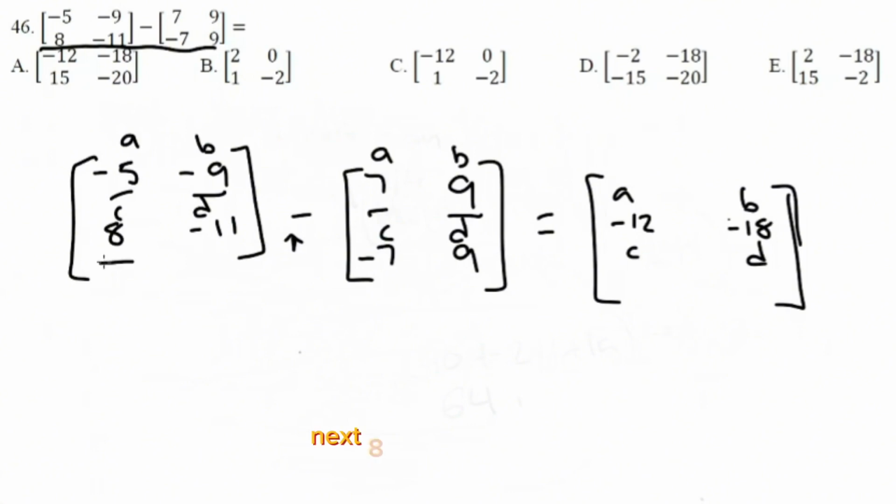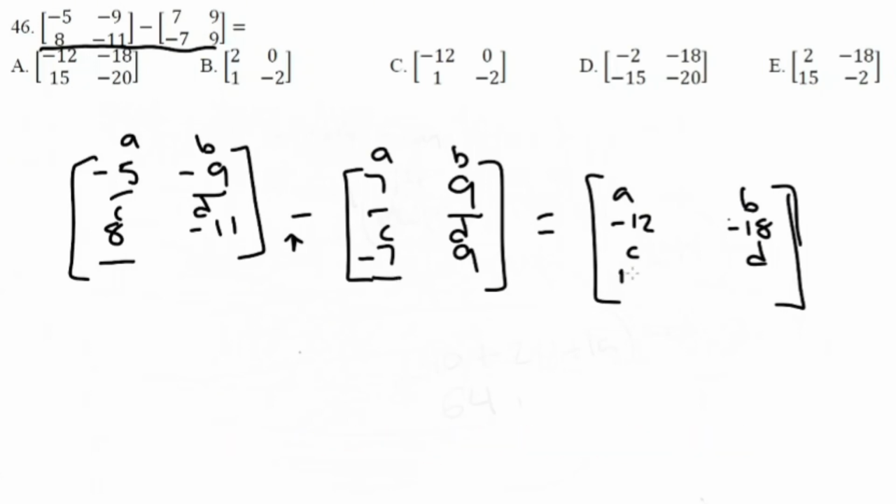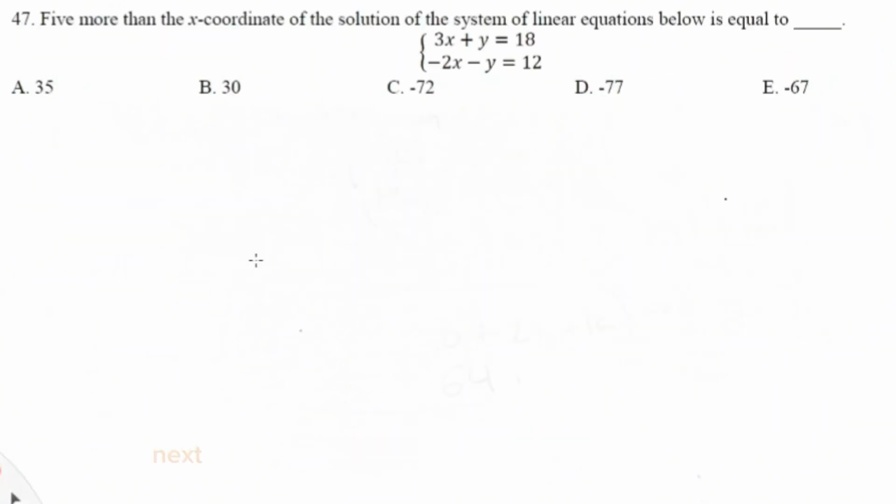Next, 8 minus -7. That is just 8 plus 7 because negative and negative cancel. So that becomes 15. Next, -11 minus 9. That is just -20. And that's your answer.